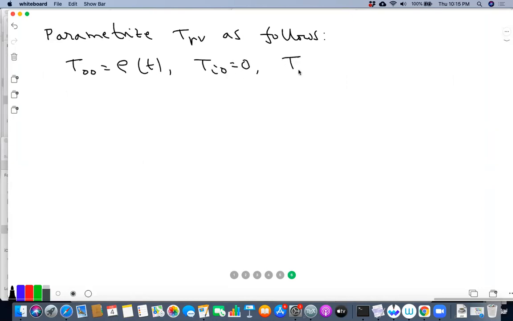And T_ij is another function which I'll call p(t) times g_ij. Now the idea is that we will substitute this into Einstein's equation and see what we get.